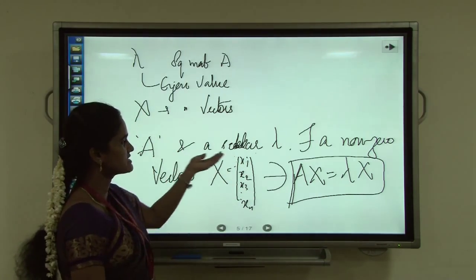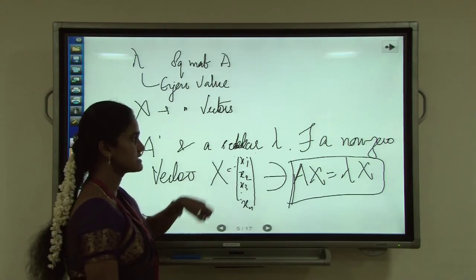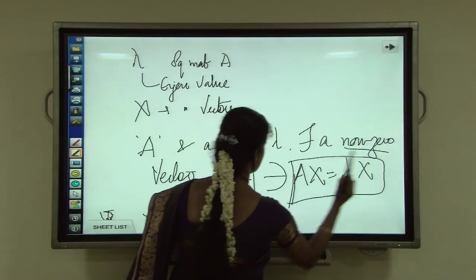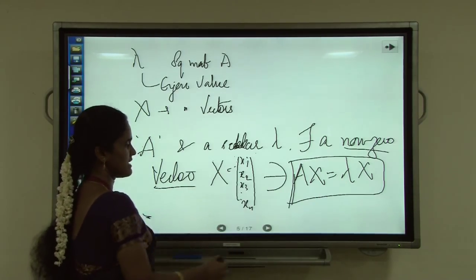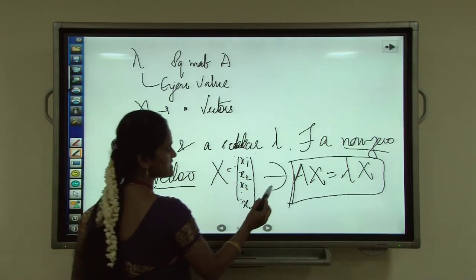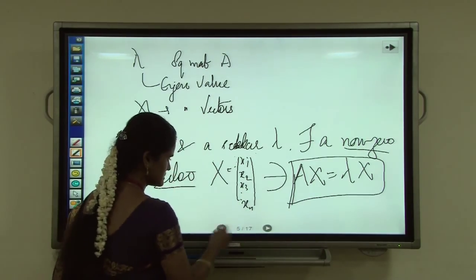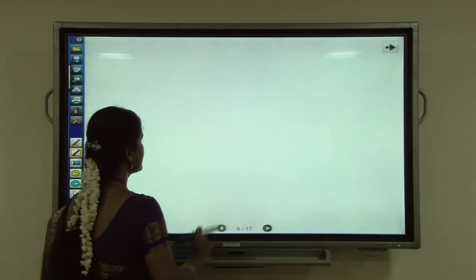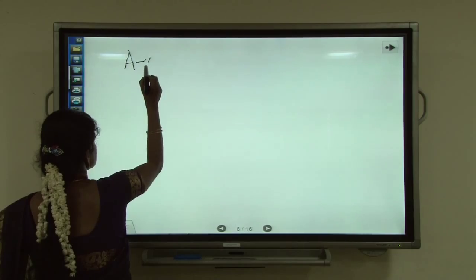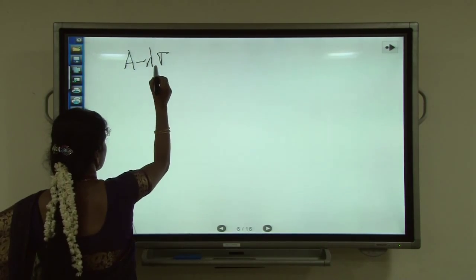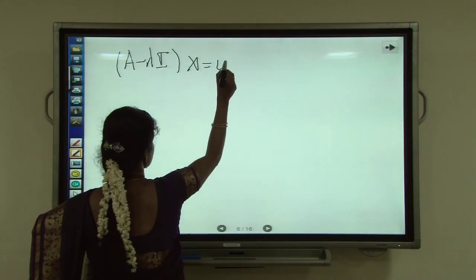It is by this relation that we name them eigenvalue and eigenvector. So for a square matrix A and a scalar lambda, there exists a non-zero vector capital X, a column matrix, such that AX is equal to lambda X. This AX equal to lambda X is also written as (A minus lambda I) X is equal to 0.